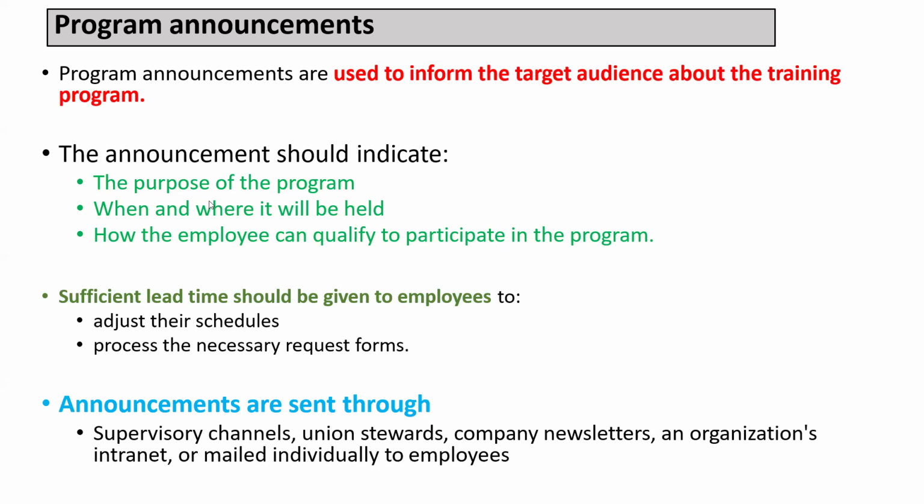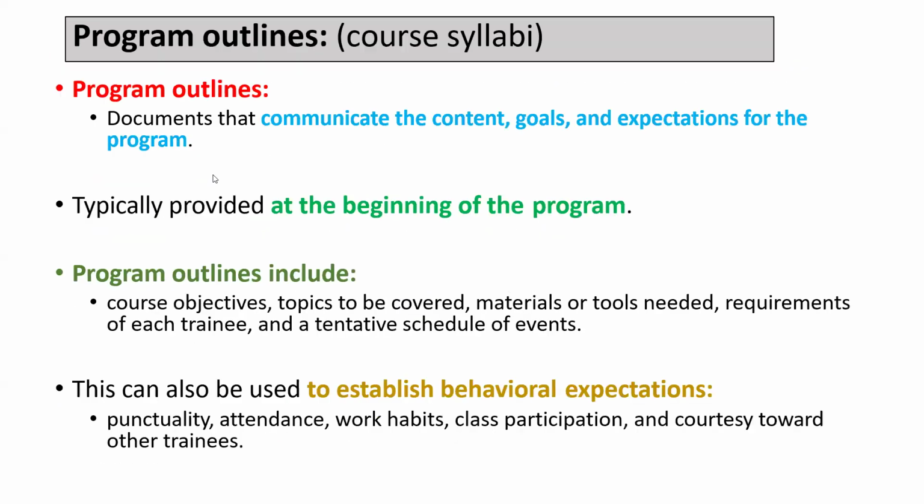That can be channeled to the respective employees through supervisory channels, union stewards, company newsletters, and the organization's intranet, or we can simply email the announcements to the respective candidates' or trainees' personal or office emails, right? So basically, the program announcements can be prepared after the material preparation.